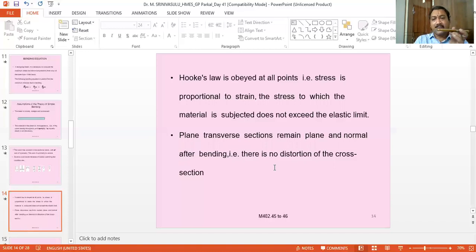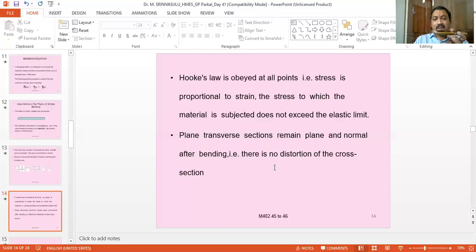That means before applying the load, it generally has a straight section. Even after applying the load, even when it bends, what happens is it forms a curvature, but that curvature has a very large radius. If we take a small part on that curvature, it appears to be a straight line.